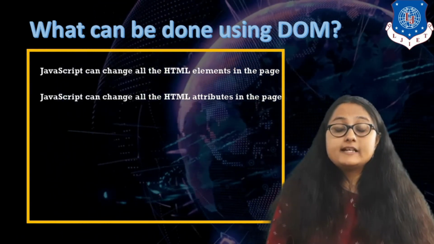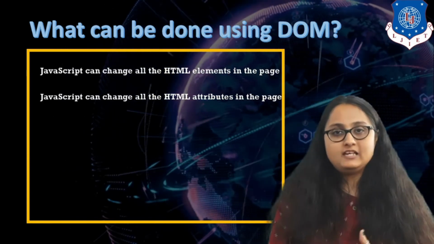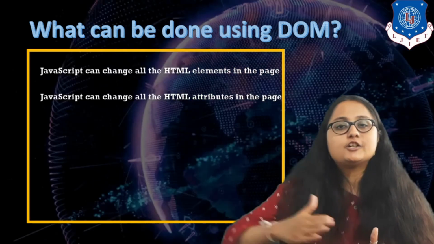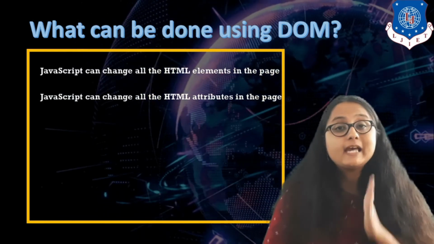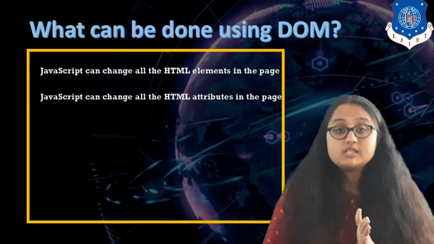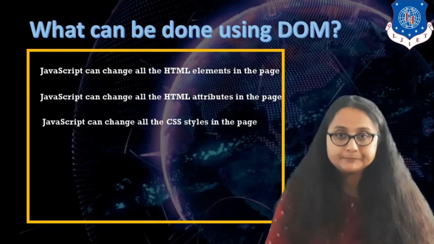Similarly, there are other attributes which are related to every HTML element, and for DOM they are nothing but properties related to every HTML element. You can change these properties related to HTML elements using document object modeling.